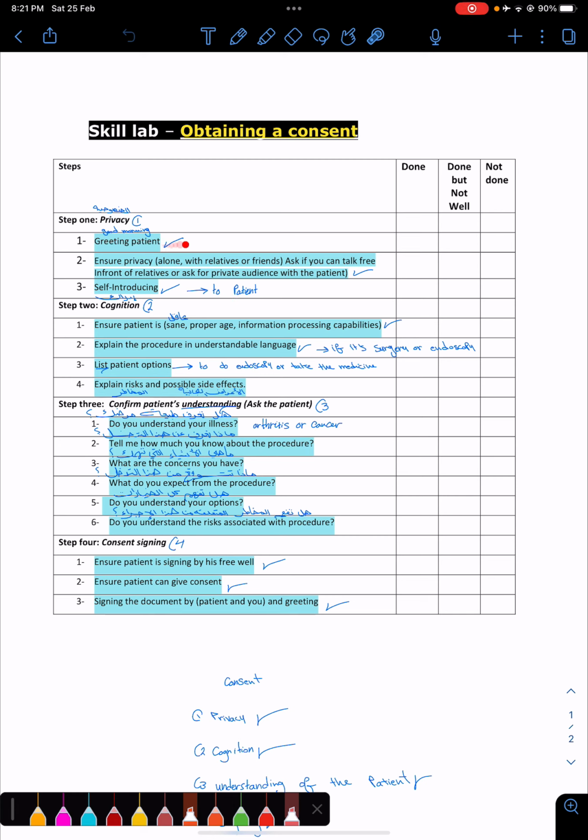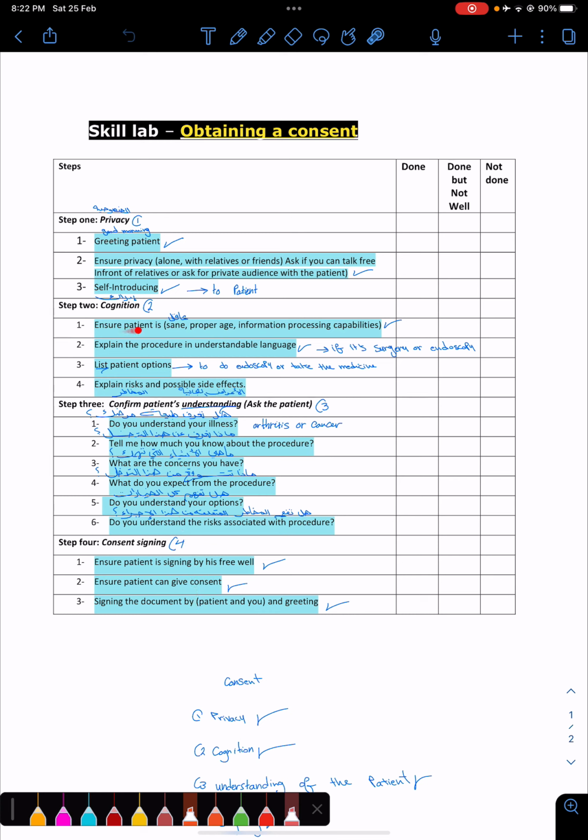It is not acceptable to enter the room and say, hey, I need to take your consent. You've got to greet the patient, ensure the privacy, and introduce yourself first, all of this has to be done at first.